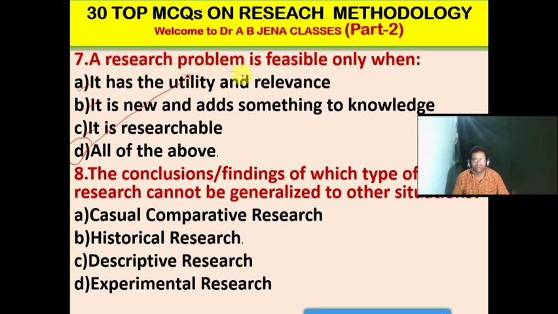A research problem is feasible only when it has utility and relevance, it is new and adds something to knowledge, and it is researchable. Research is carried out by the researcher for these purposes.